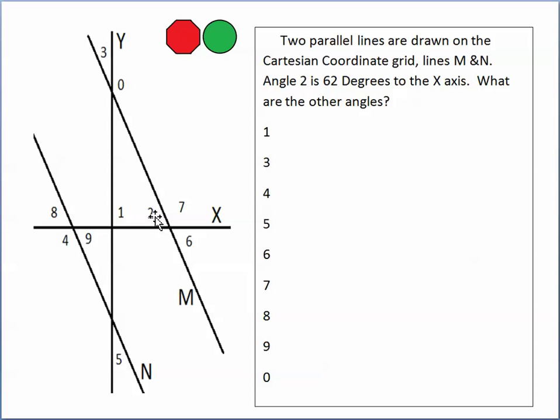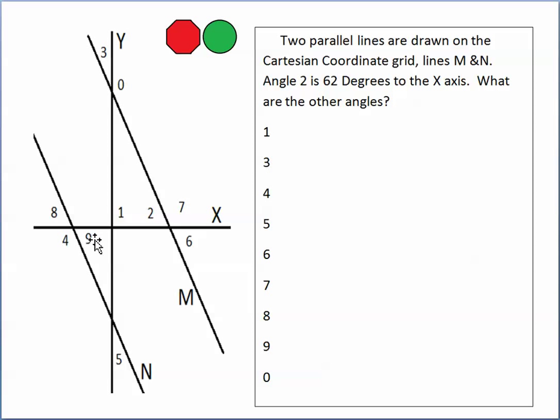If 2 is 62, then the other alternate interior angle is going to be the same if these lines are parallel. So if 2 is 62 degrees, 9 is going to be 62 degrees because this is our transversal line of these two parallel lines, and the alternate interior angles of parallel lines are exactly the same.